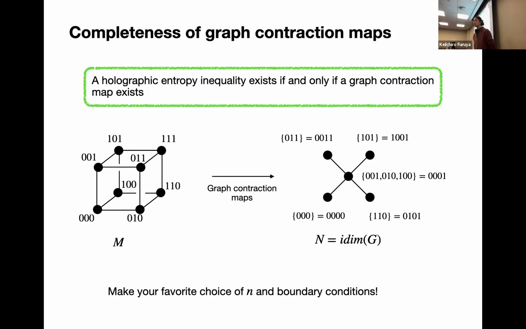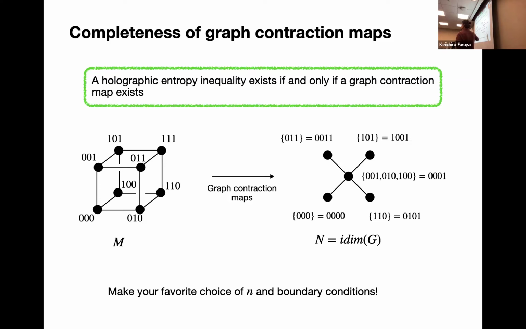So this is related to the yes/no question. The "only if" is: if a holographic entropy inequality exists, the contraction map exists. That's what you want to prove.